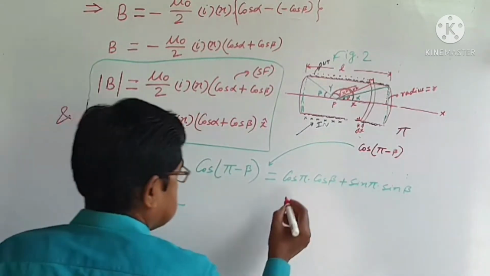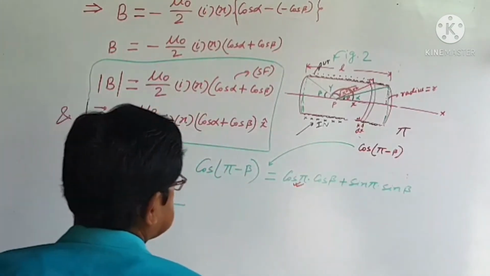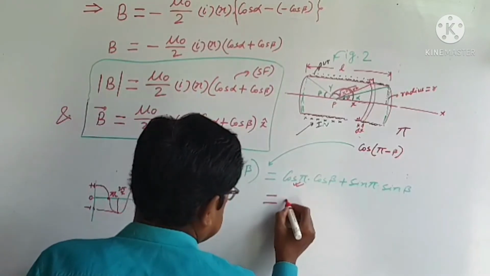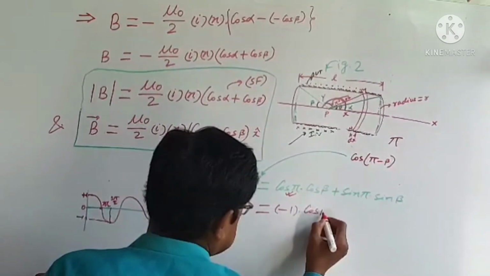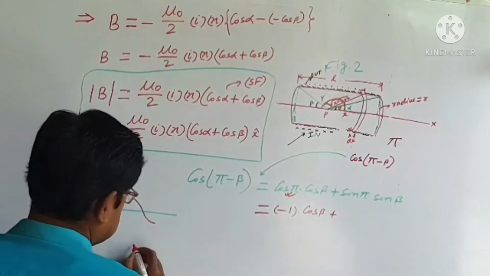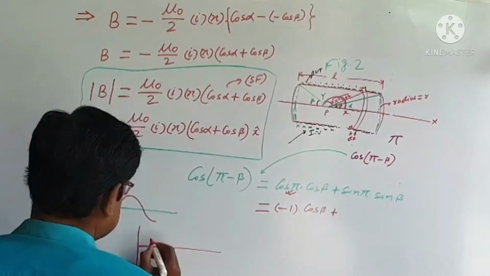So, cos pi is equal to minus 1, and cos(pi minus beta) is equal to minus 1 multiplied by cos beta plus sine pi sine beta.